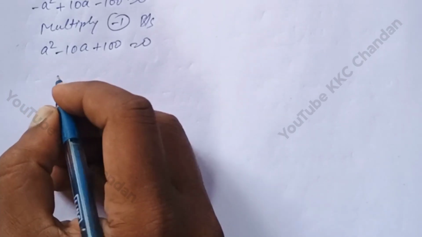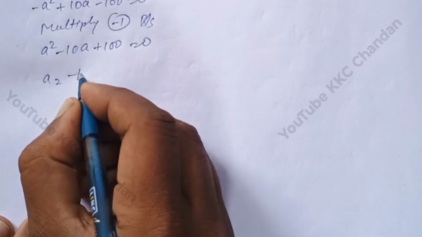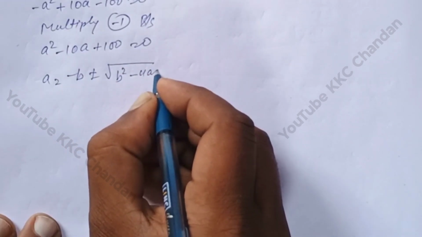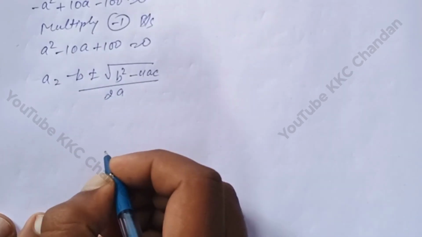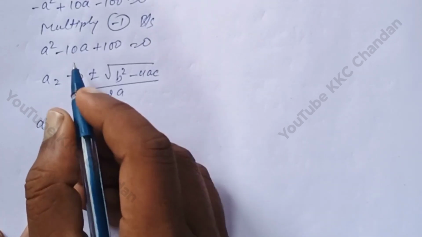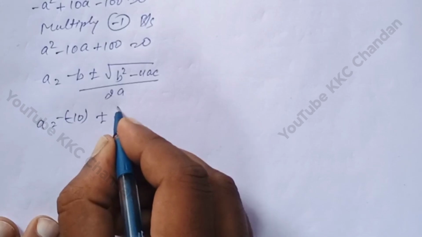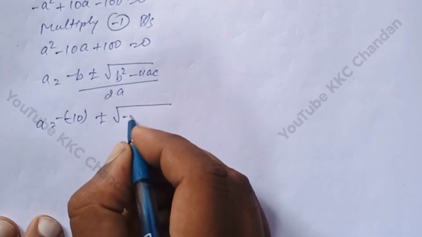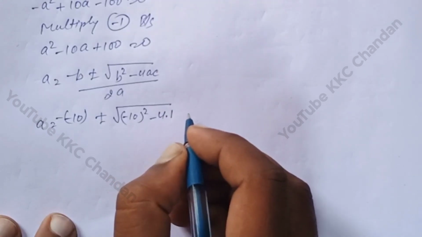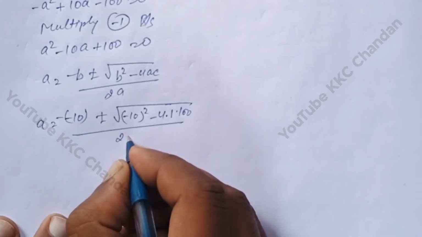So we know that the quadratic equation formula is that a is equal to minus b plus minus root under b square minus 4ac divided by 2a. The next step, see here, a is equal to minus b value, minus 10, plus minus root under b square, means minus 10 square, minus 4 into a value 1, c value 100, divided by 2 into a value 1.